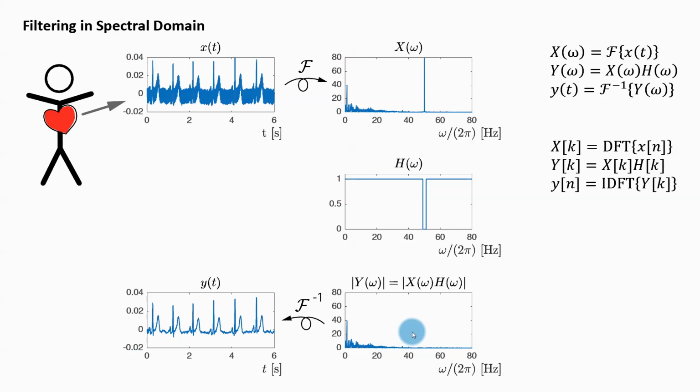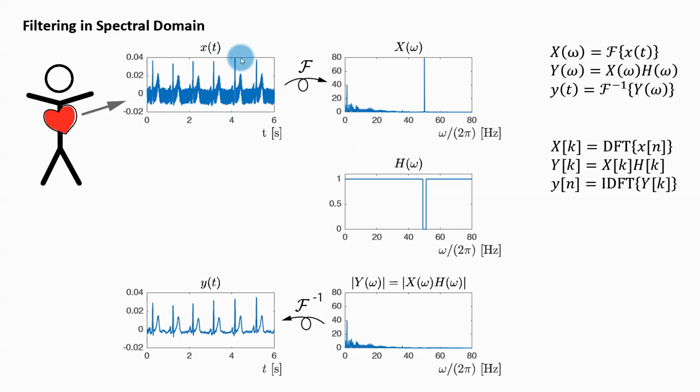So now I have a spectrum where the power noise interference is removed. Well, that is very nice and dandy, but I would like to have my signal in the time domain back. Well, that is very easy. All I need to do is take the inverse Fourier transform, and that will give me my ECG in the time domain, but this time with the power noise interference removed. So this is the filtering in the spectral domain.